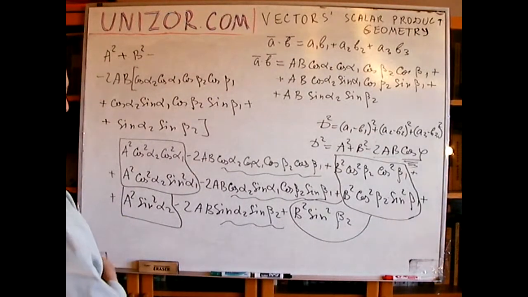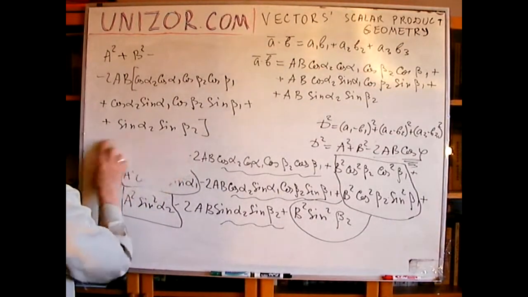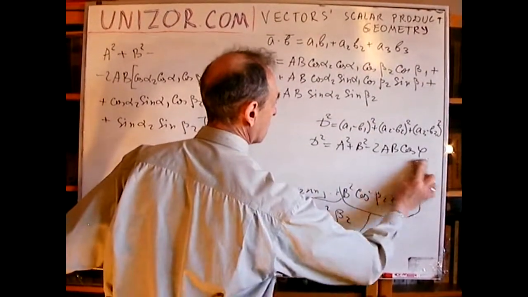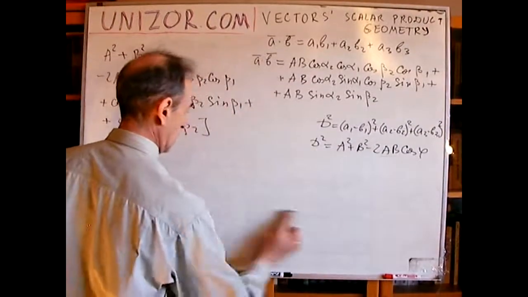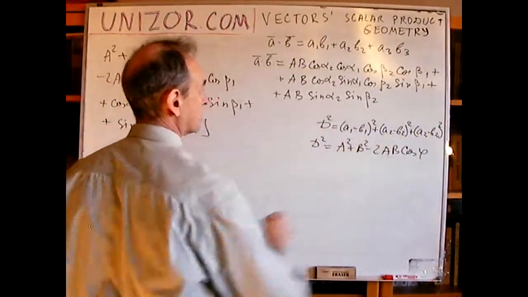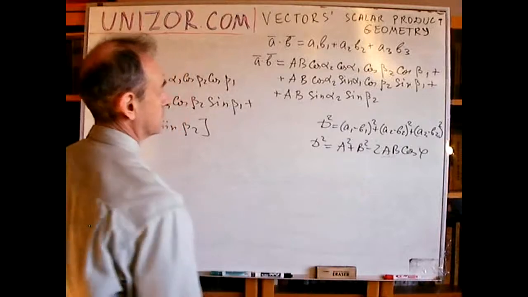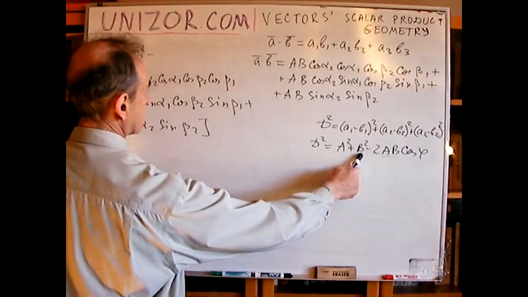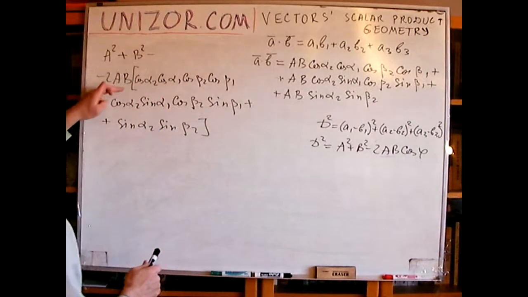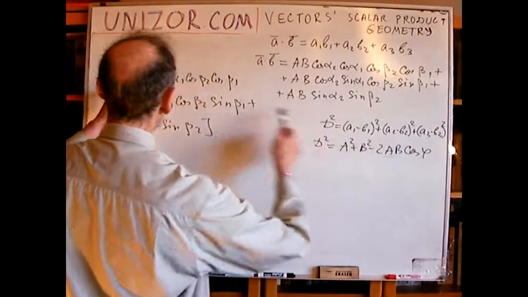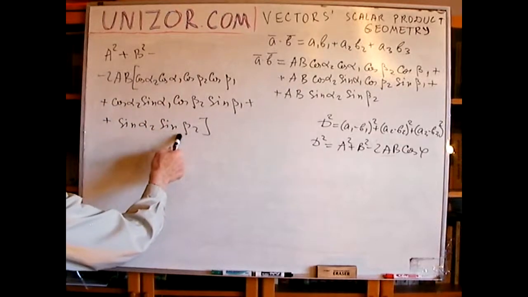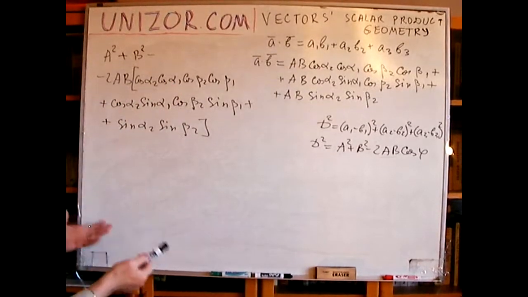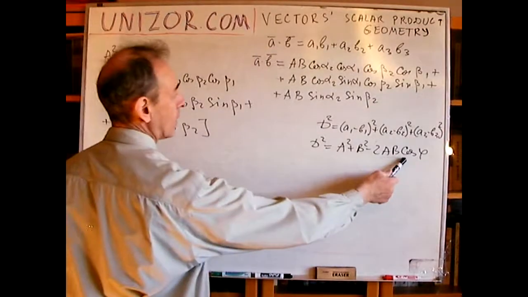That's the result of this. Now let's compare it with this one. A squared plus B squared, minus 2AB cosine phi, and this is what I have in square brackets. So whatever I have in the square brackets is actually A cosine phi, right?